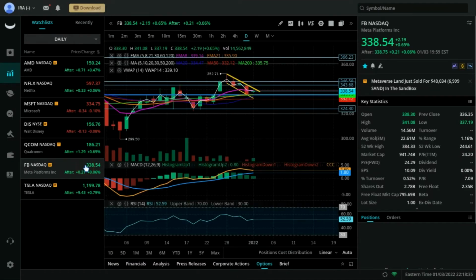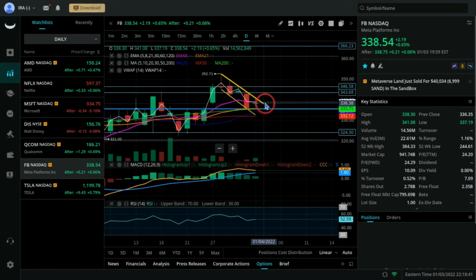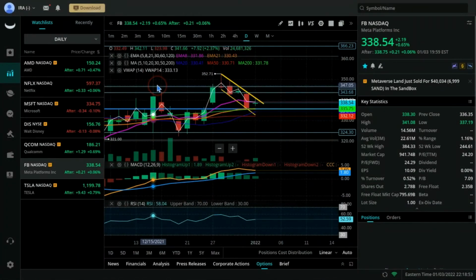Anything on Facebook? Facebook is in a falling wedge. That doji is pretty weak, and it closed under the EMA. I'm not really too bullish on Facebook.